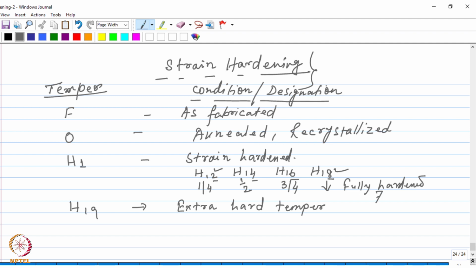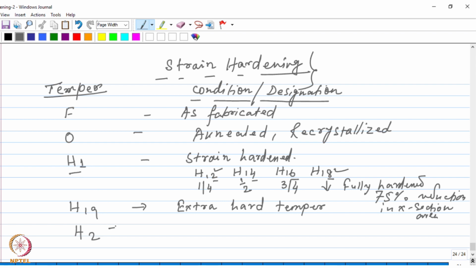Fully hardened is something where you have a 75% reduction in the cross-sectional area by the deformation process which is applied. So H19 would indicate that the deformation is beyond 75% reduction in the area. Okay. And then you have H2 temper, like how you have H1.